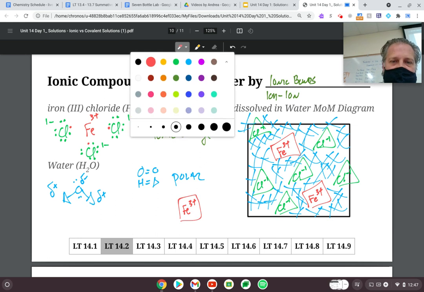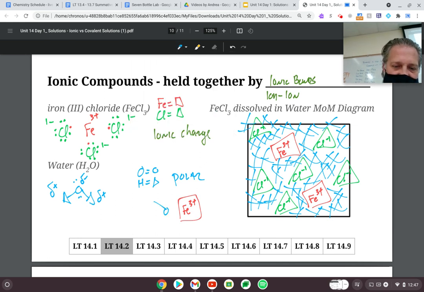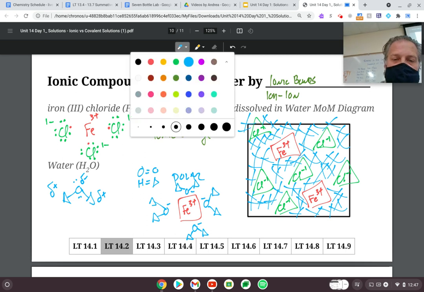So if iron is a +3, water would orient itself like this, where the negative oxygen would be attracted to the positive iron, right? Negative, negative, negative, negative. And then chlorine, similarly, would look something like this. I guess I'll do chlorine over here.